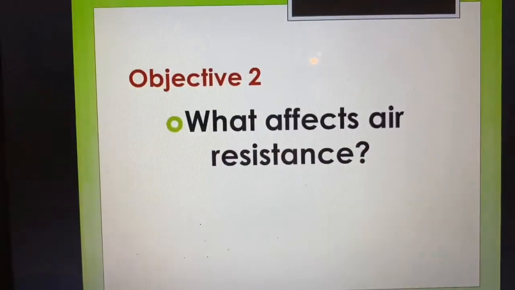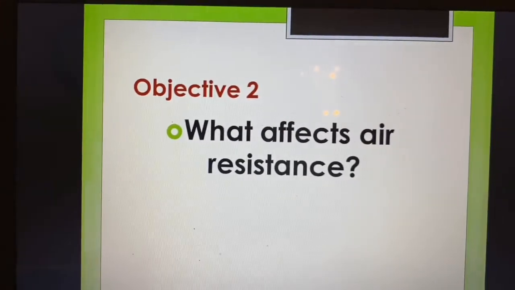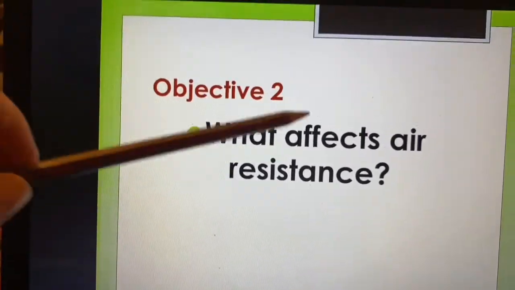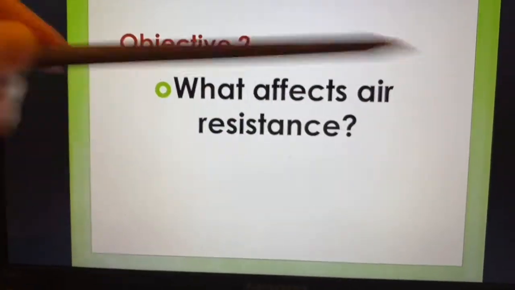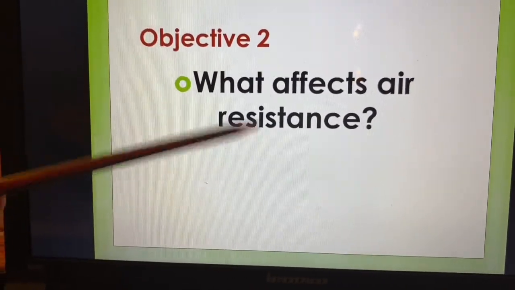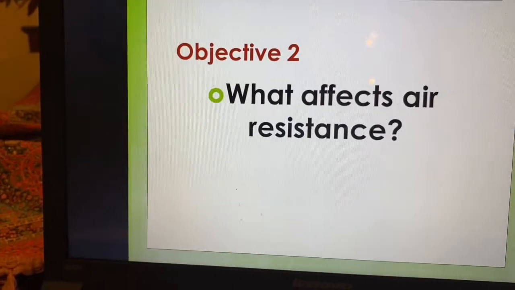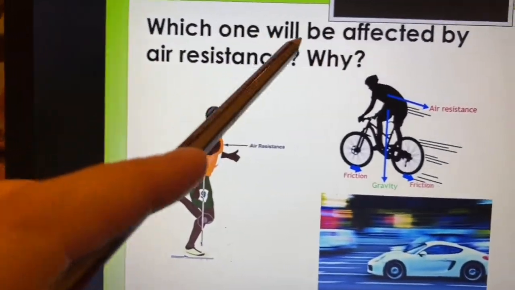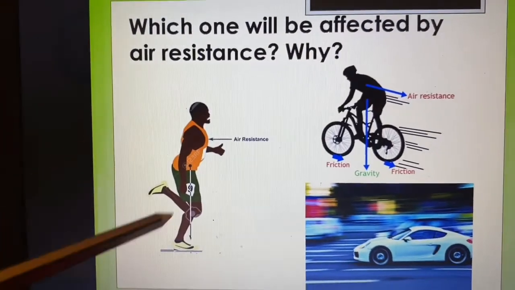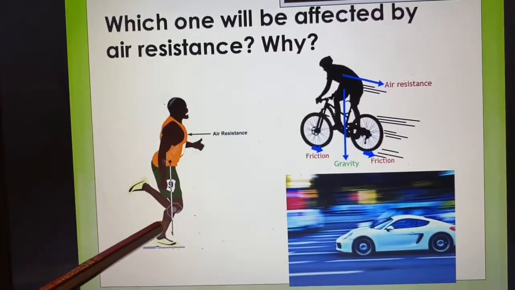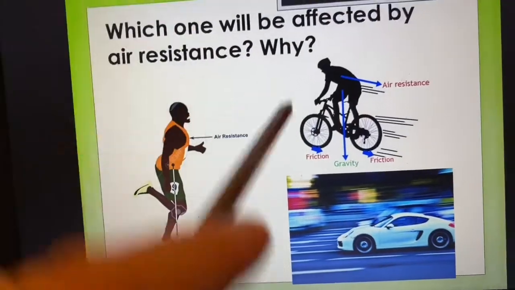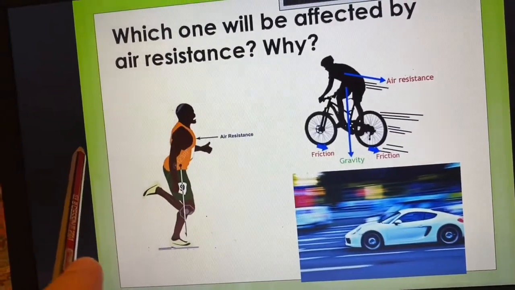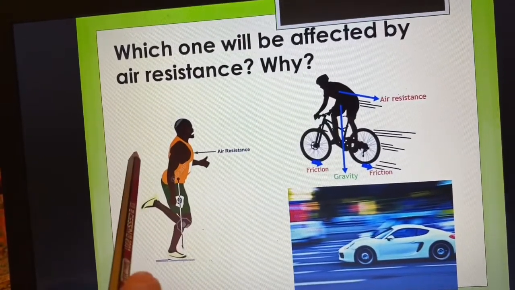Okay, now that we know what air resistance is, we want to find out what affects air resistance. يعني what makes more air resistance and what makes less air resistance. Here, look at these pictures. Which one will be affected by air resistance more? Now this man is running. Air resistance always pushes things that go through air in the opposite direction.